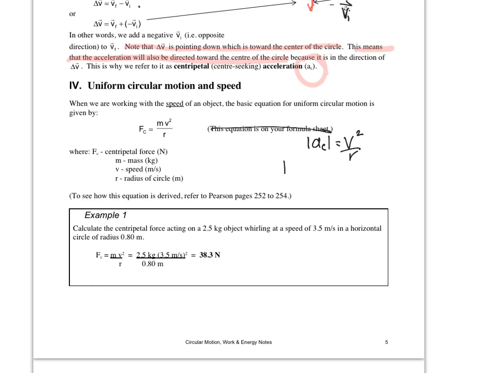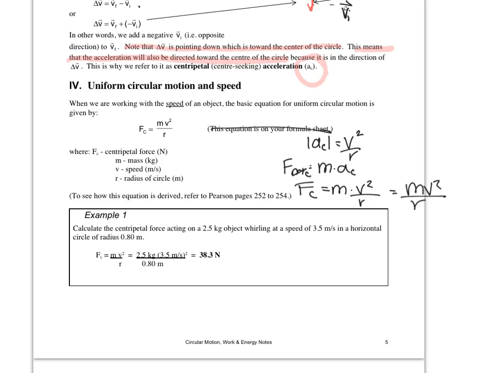We also know that F net is equal to M times A. So if this becomes FC, this will be AC. So the centripetal force is equal to mass times V squared over R, which is mv squared over R. It's not on your formula sheet, but it can be quickly derived. Mass has to be in kilograms, velocity in meters per second, and radius in meters to cancel with the unit of meters per second.